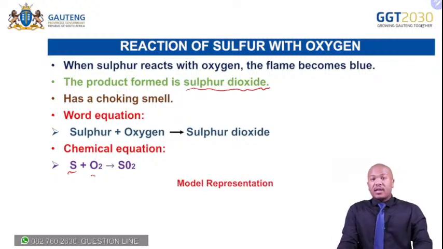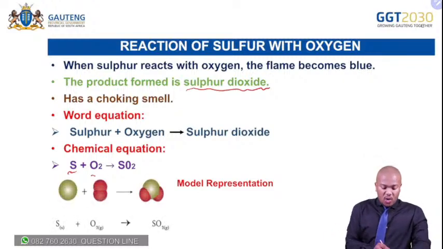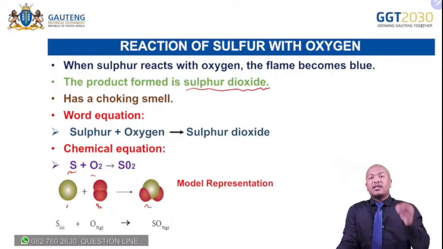Now moving on, let's look at the model representation. You have one sulfur reacting with two oxygen atoms forming SO2 as a result, which is sulfur dioxide.